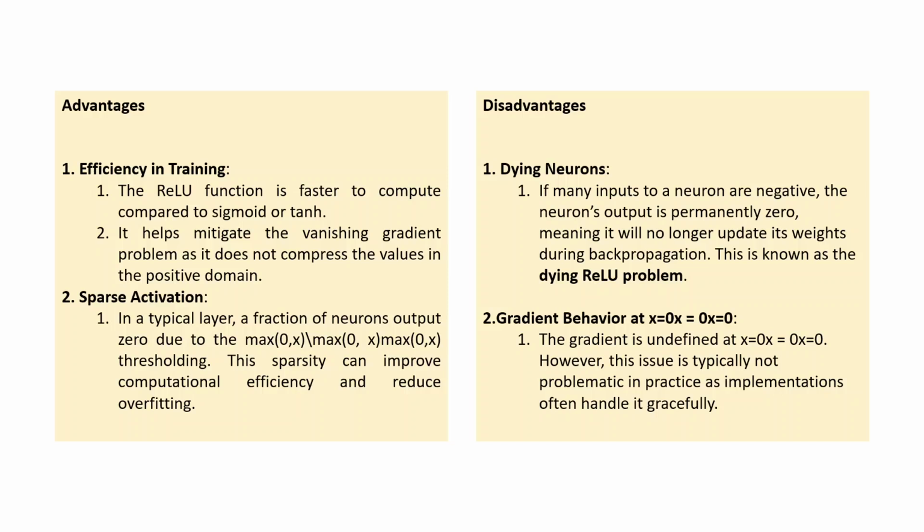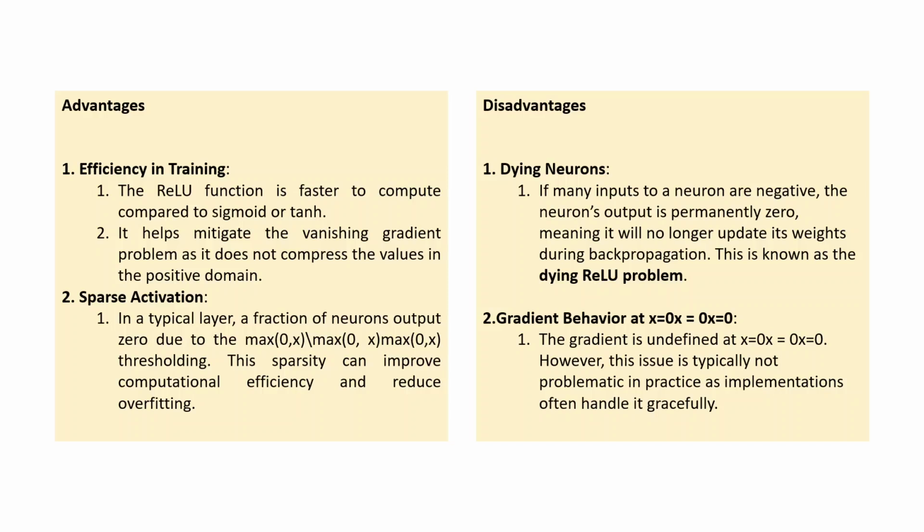But of course, ReLU is not perfect. There are challenges, and these are two of them. So far, these are the most famous ones. The dying neuron problem, and also the gradient at 0. If a neuron's input is consistently negative, it outputs 0 every time and effectively dies, contributing nothing to the learning process.